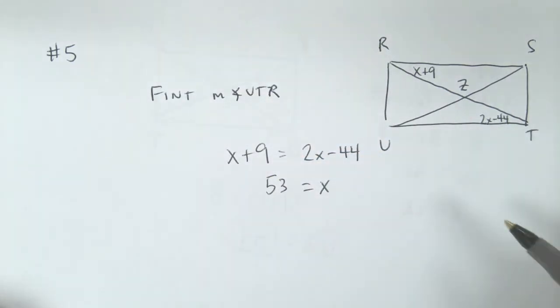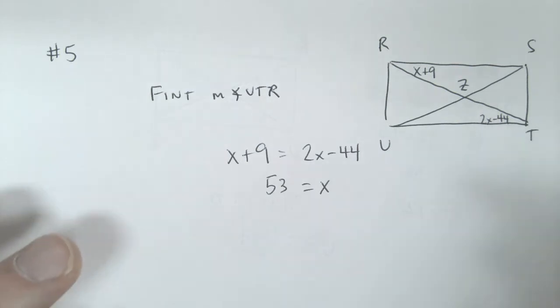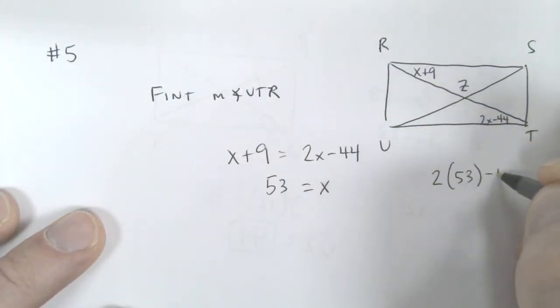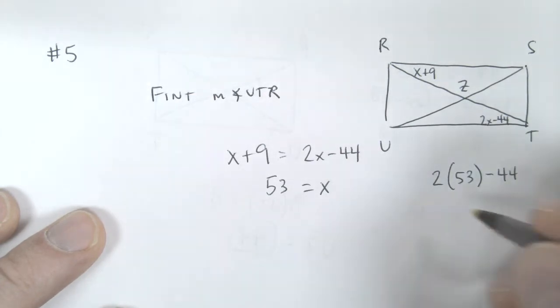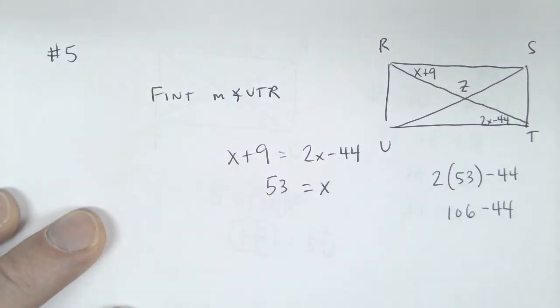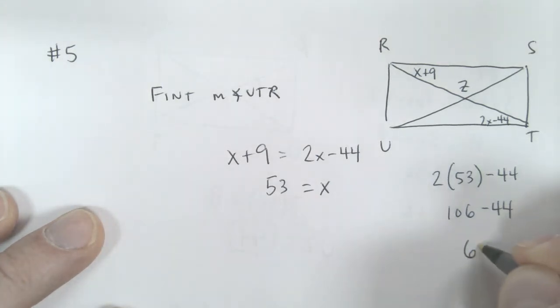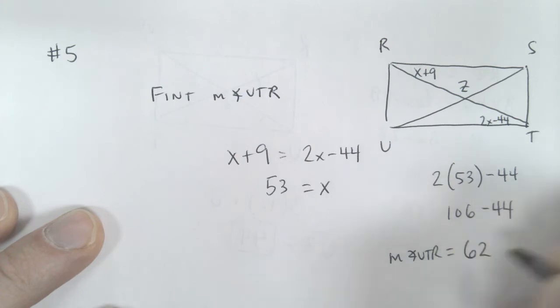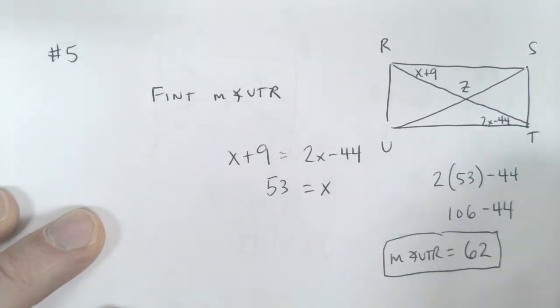Now they want to know UTR. UTR is 2x minus 44, so 2 times 53 minus 44. That's 106 minus 44, which gives me 62. So the measure of angle UTR is equal to 62 degrees.